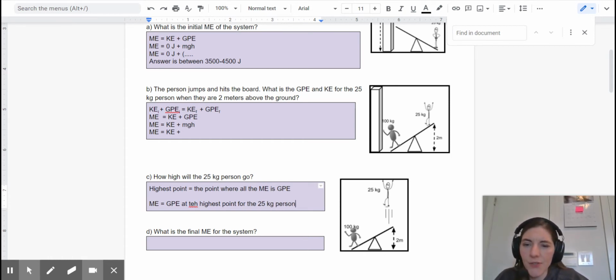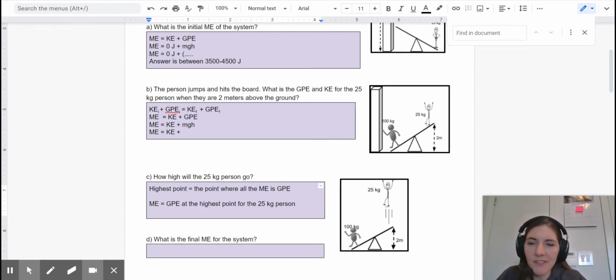Therefore, the mechanical energy of the system is going to equal the mass times the gravity times the height, which is what you have to find for the 25 kilogram person. Now, you know the mass of the 25 kilogram person. You know g, which is going to be 10 meters per second squared. You know the mechanical energy of the system, which you found in A, can't change. So you just need to figure out height.